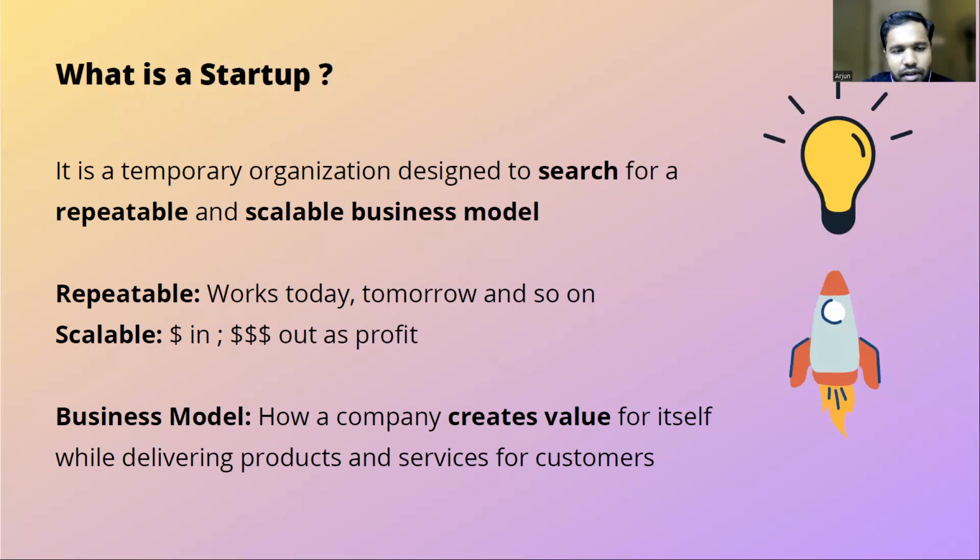Imagine there are millions of customers like you. If Samsung gets a profit of $500 for one mobile phone, and sells 1 million mobile phones this year, then their profit is $500 million. So this is how the company creates value for itself while delivering products and services for customers.